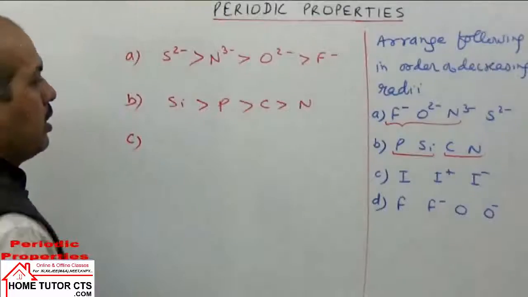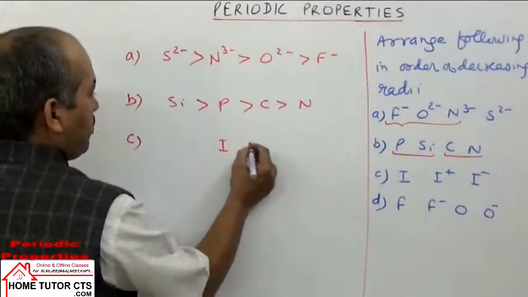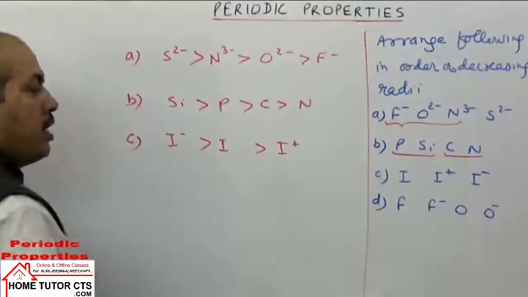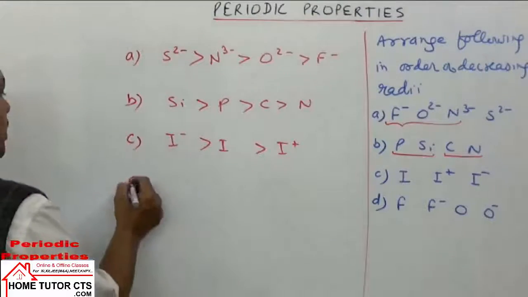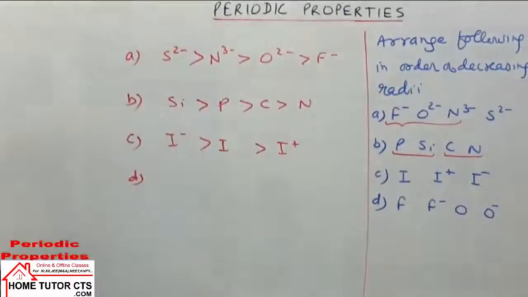Then bit C, I plus and I minus. As compared to the iodine atom, I plus will have smaller size and I negative will have larger size. Bit D. Now in bit D you have to be more careful.